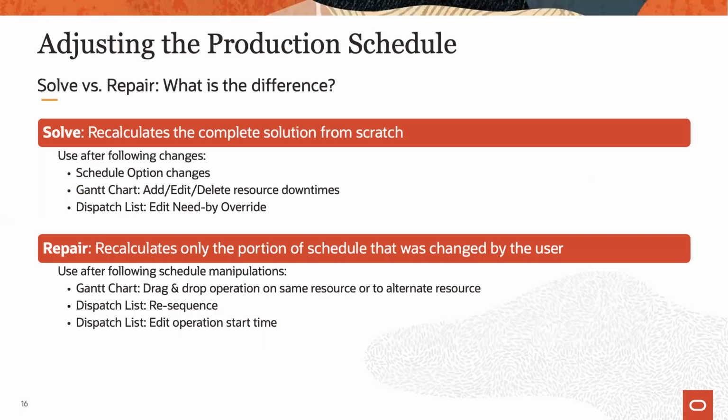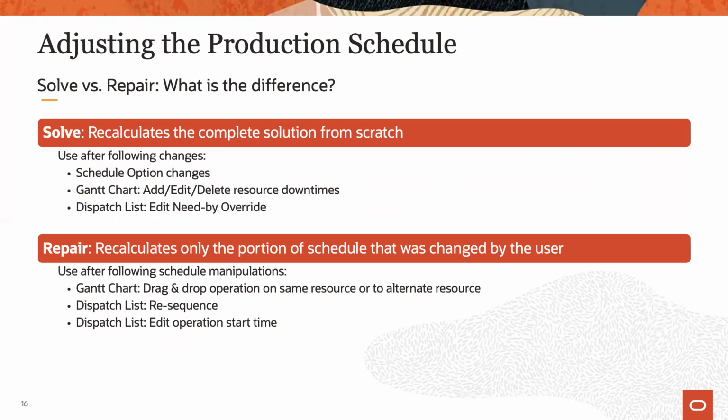When solve is used, then the schedule is recalculated from scratch, meaning that any previous manual schedule changes will be lost. Next, the repair. When repair is used, then most of the existing schedule is retained and only the changes made by the user are evaluated and propagated as necessary.